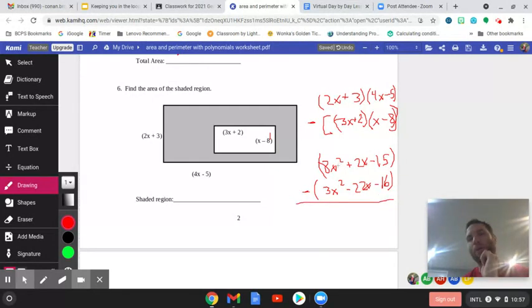So remember, positive minus a positive is pretty easy, but right here you have a negative. So it's 2x minus -22. So remember, this is actually going to be like 2x plus 22. And then the same thing right here, -15 minus negative. So it's actually going to change to like plus 16 essentially, okay? And that's what your shaded region is.